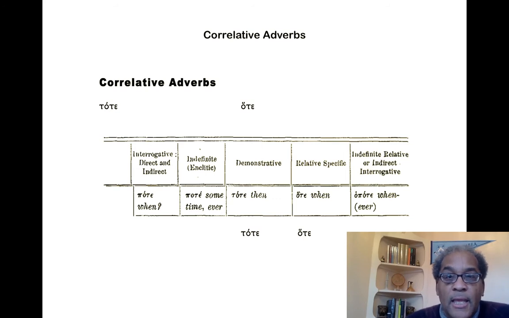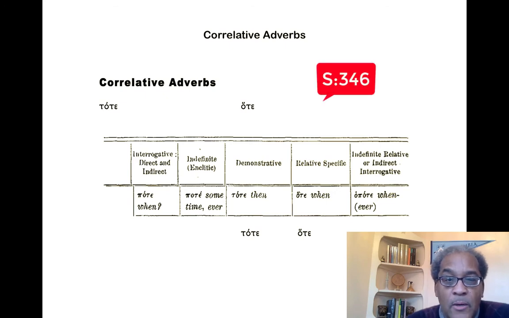And likewise, the chart of correlative adverbs parallel to the chart of correlative pronouns. And we see here one line of that chart, where we can place these two correlative adverbs that Pharr has given us so far. Tóte, the demonstrative, then, pointing to a time, and the relative specific, hóte, when.